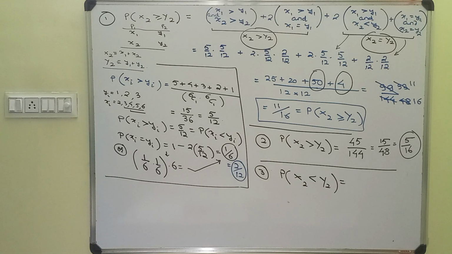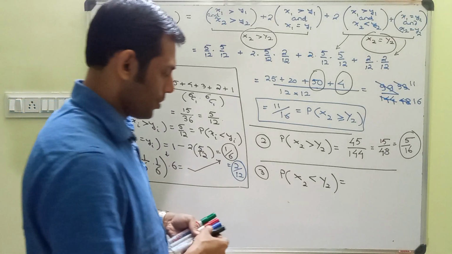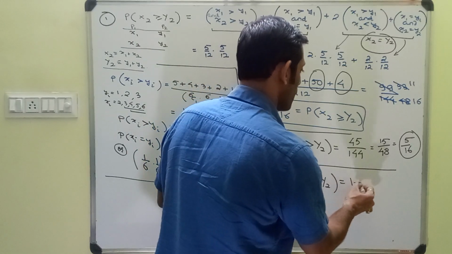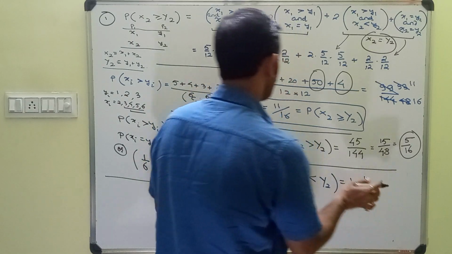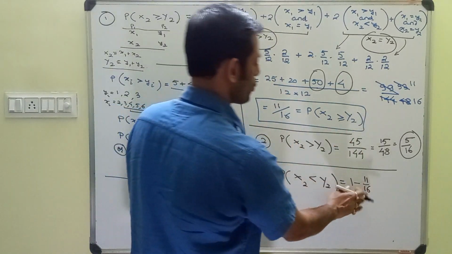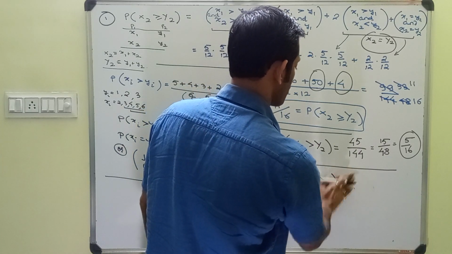So what is P of x2 less than y2? How much would that be? This would be equal to exactly 1 minus 11 by 16. So sorry, I'm making a mistake.